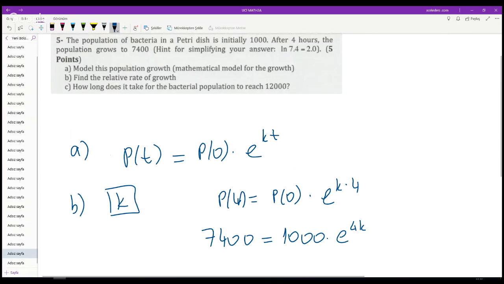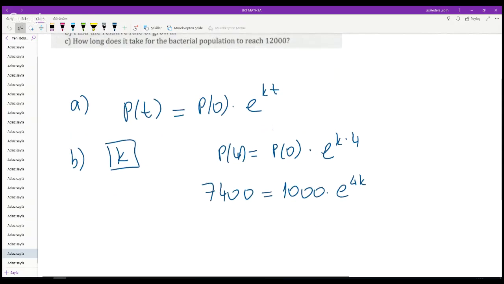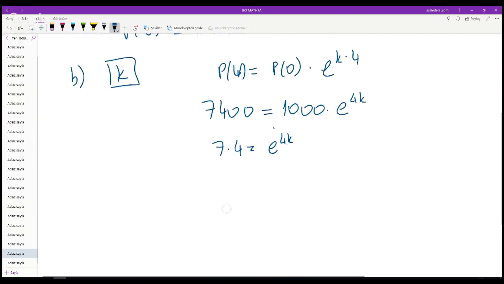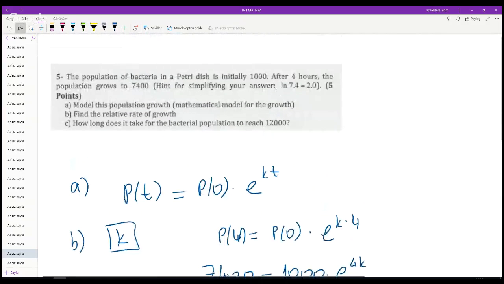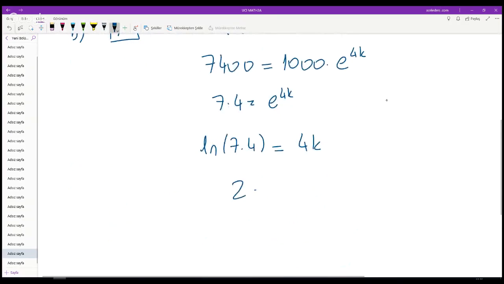So now just divide both sides by 1,000. 7.4 is e to the power 4k. Take natural logarithms of both sides. ln 7.4 is 4k, and in the question we are given that ln 7.4 can be approximated to 2. 2 is 4k, k is 1 over 2, which is the relative rate of growth.